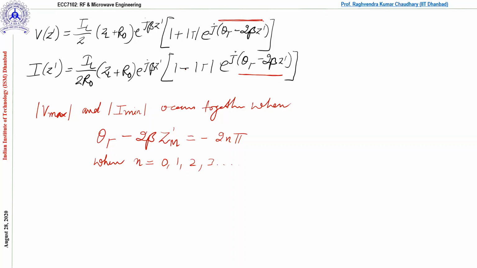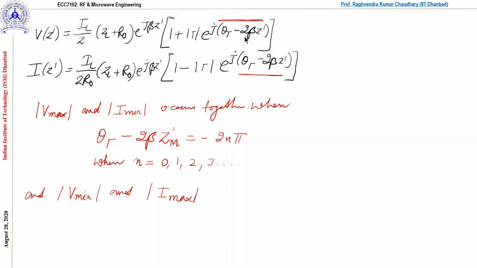So definitely we are getting max and min. Correct. In the same way we can manage the conditions for V min and I max. Correct. For mod V min and mod I maximum.